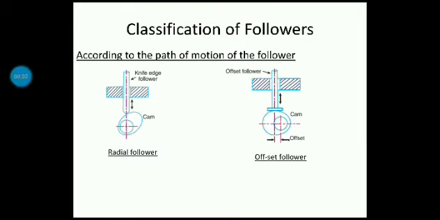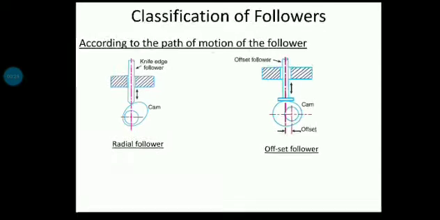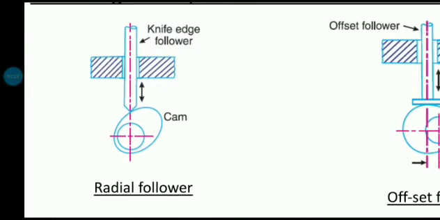Now this is the second type of classification of the follower. Here the classification is based on the path of motion of the follower. So the cam and follower arrangement is classified into two. One is known as the radial follower and the other is the offset follower. In the case of a radial follower, the path of the follower will be along the center of the cam.